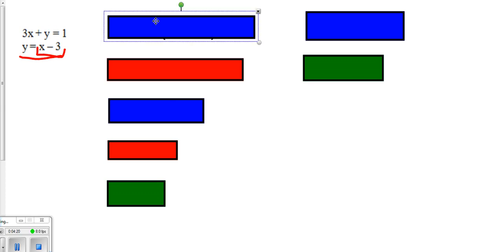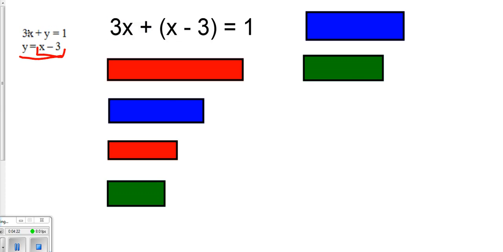So our equation would now say 3x, right here, instead of plus y, we're going to be adding on what y equals. y is actually equal to x minus 3, so we just replace x minus 3 right here where that y value was. So 3x plus x minus 3 equals 1.